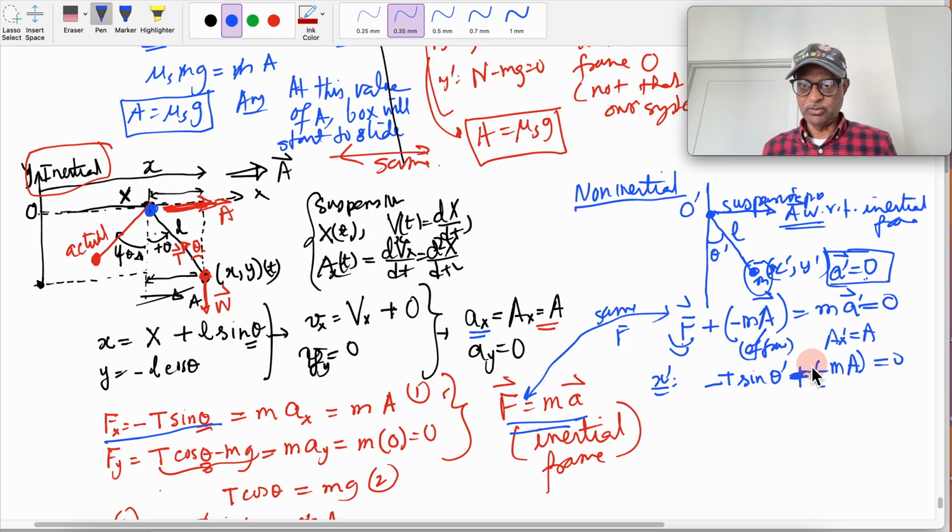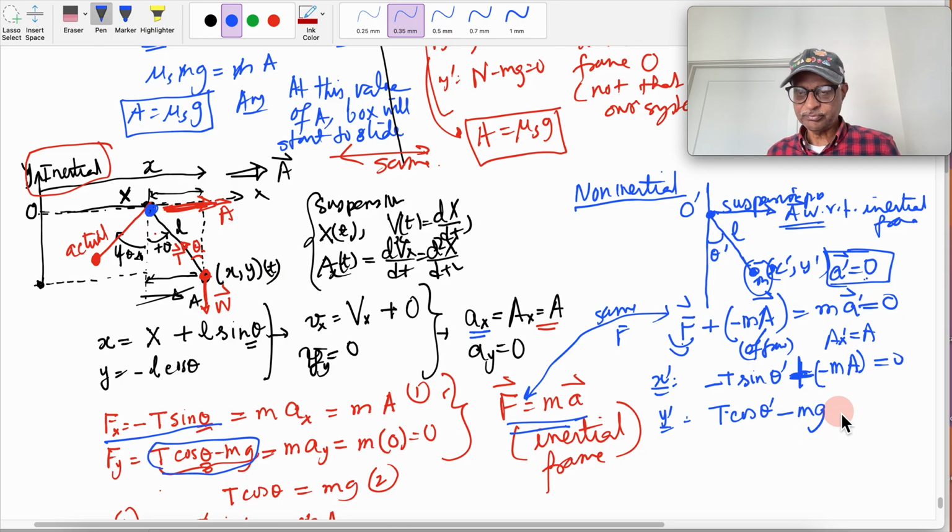So this is a plus, that's the fictitious force, the negative of that. And for Y prime, it's the same force, T cosine theta prime minus mg, but this gives me 0.